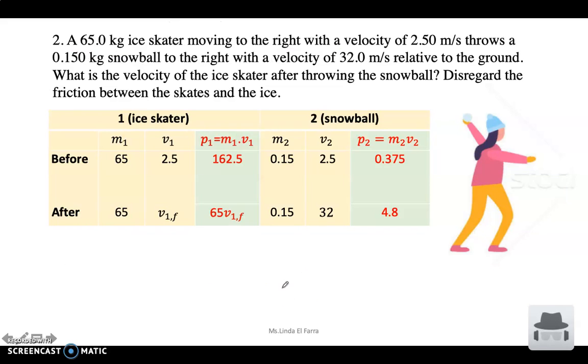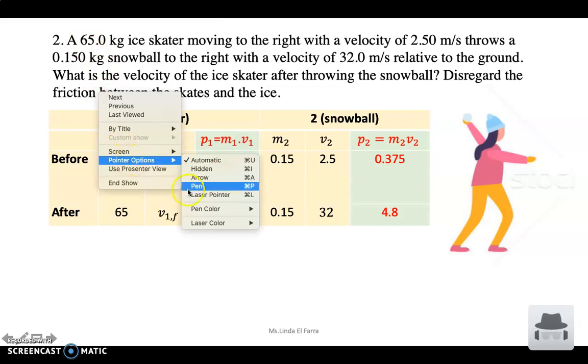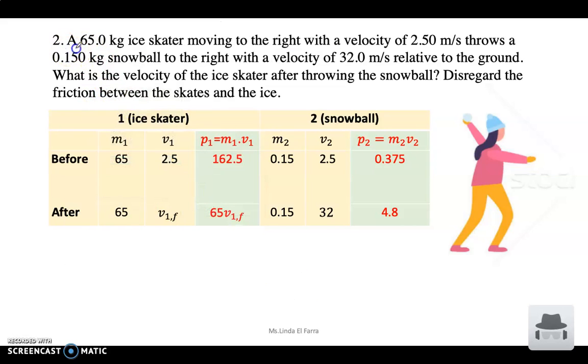Now, the other question. I have a 65 kilogram ice skater moving to the right, toward this direction. She has a velocity of 2.5 and throws a 0.15 kilogram snowball. So I actually have two objects here.